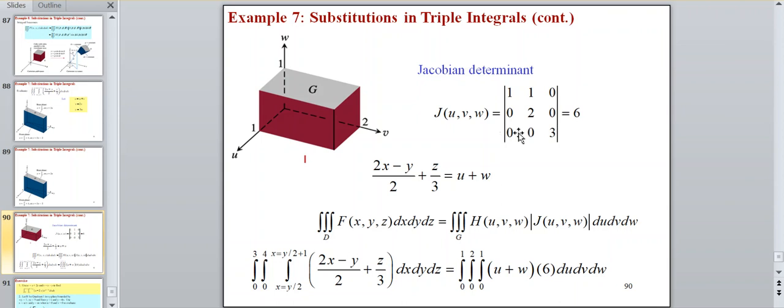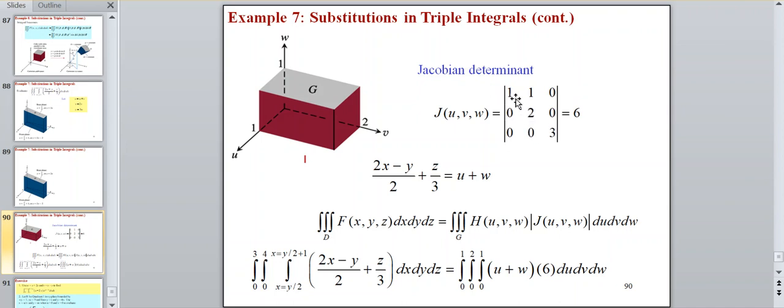This last row has the partial derivatives of z. Z equals 3w. So the derivative of z with respect to u is 0, with respect to v is 0, with respect to w is 3. If you view it as a matrix, it's triangular, right?